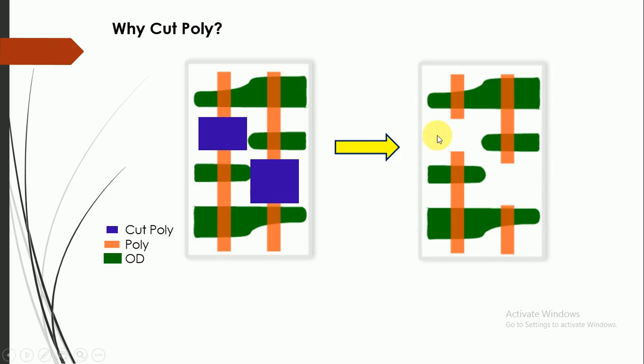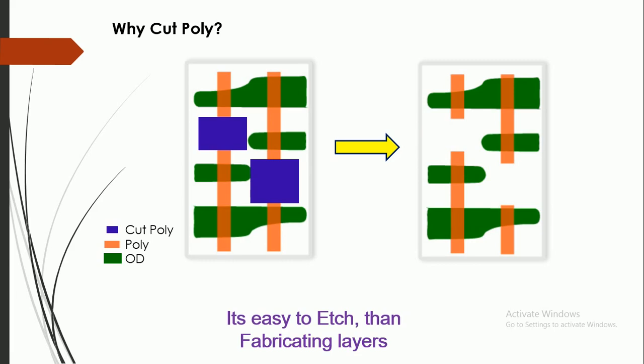In conclusion, it is easier to etch than fabricating a layer. If I want to get much better resolution, we need to go for other techniques, because fabricating is difficult. Overspilling will happen, underfilling will happen, those issues will come into the picture.